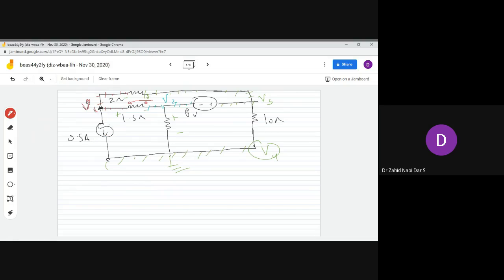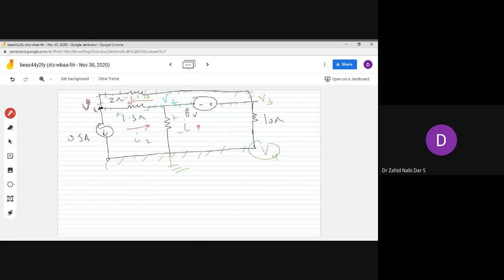If this is your I1, then this you have to take I2. Whichever element comes first is plus, and whichever comes second is minus. So here V3 is there, so plus minus. Similarly here plus minus. So this would be your I1, I2, and you can write this as I3 over here.